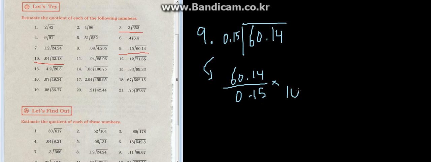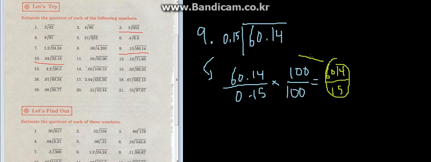So we multiply top and bottom by 100 to make this 0.15 a whole number. So what's that? It's gonna be 15 on the bottom and 6014 on top, right?